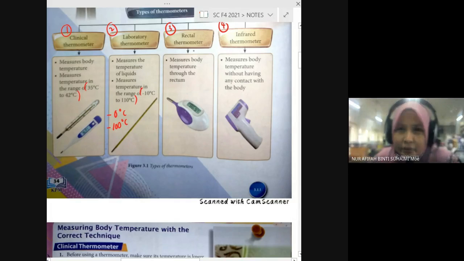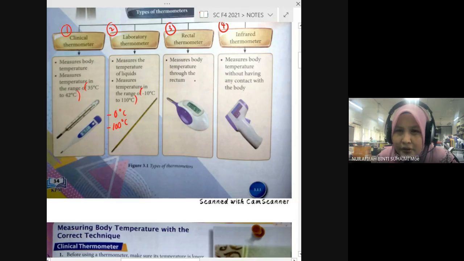The third thermometer is the rectal thermometer that we use to measure body temperature through the rectum. You already know where the rectum is, right? You are familiar with the anus, or ayam batok.